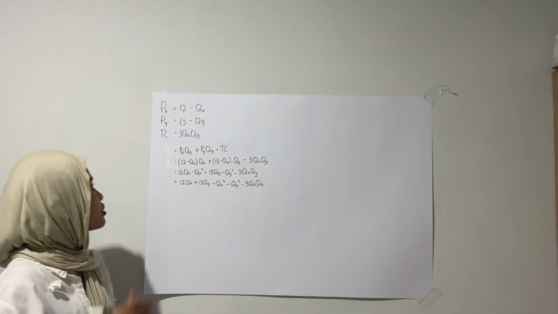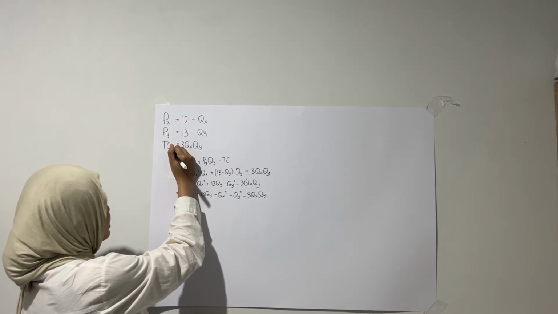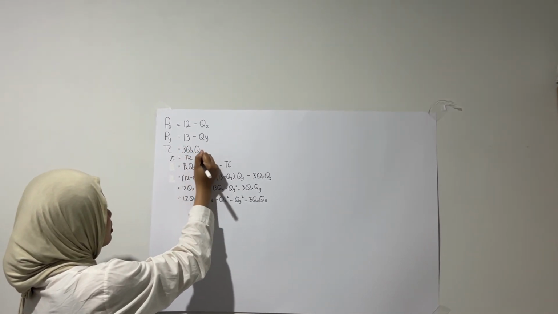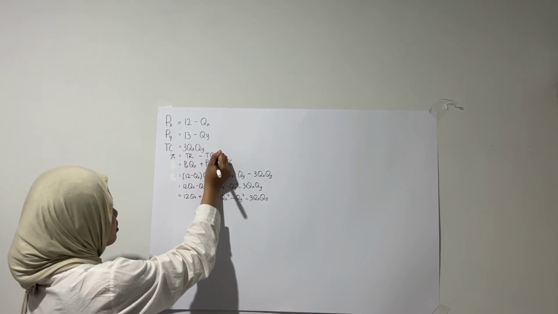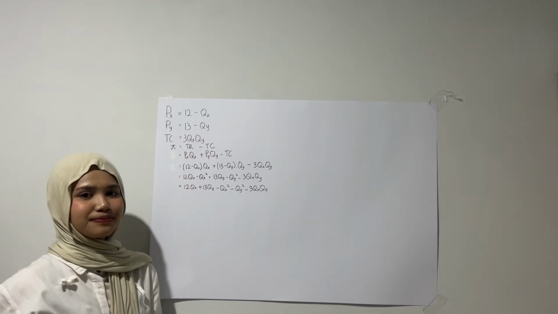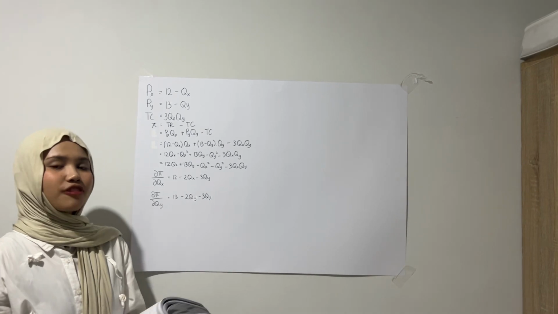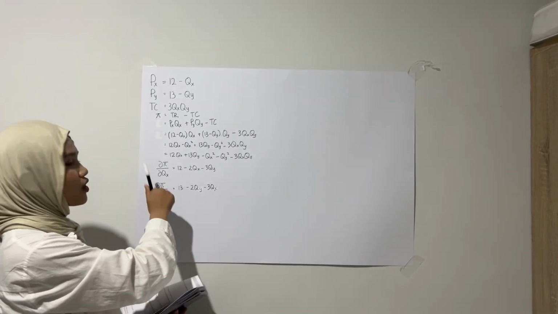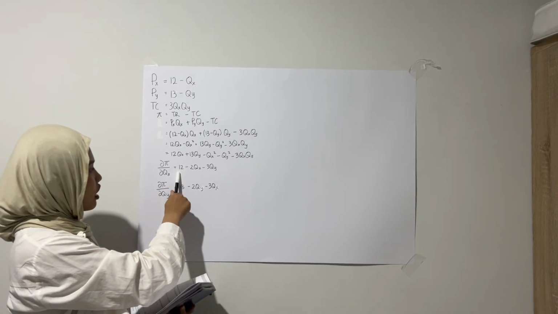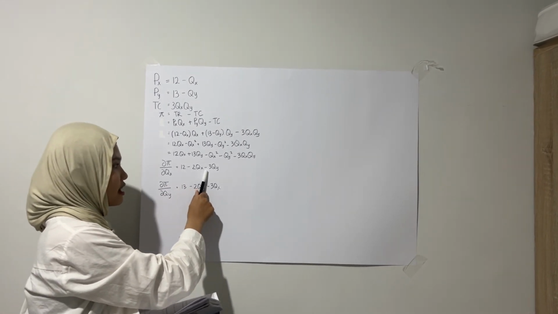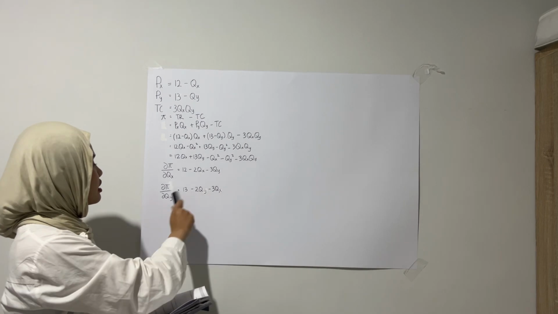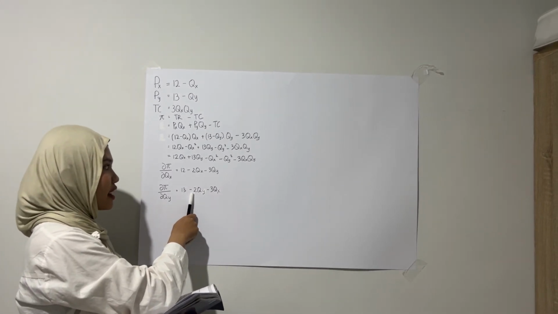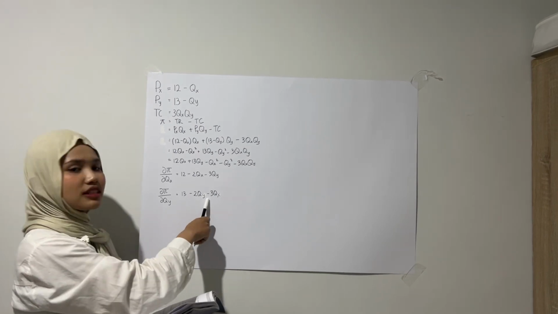The formula should be V equals total revenue minus total cost. Next, find the first partial derivatives. Dou V per dou qx equals 12 minus 2qx minus 3qy, and dou V per dou qy equals 13 minus 2qy minus 3qx.